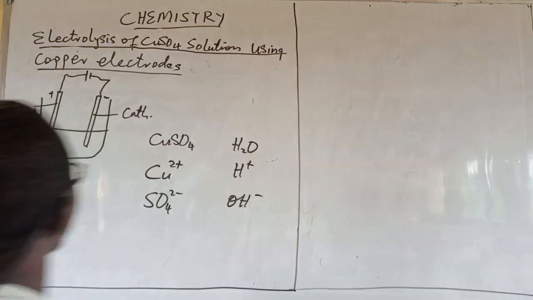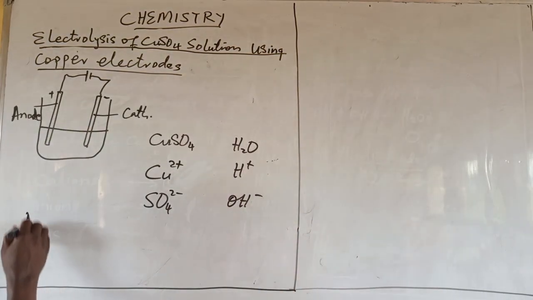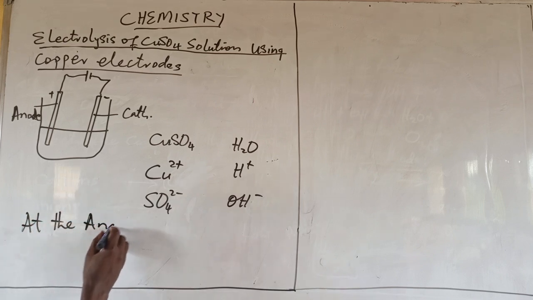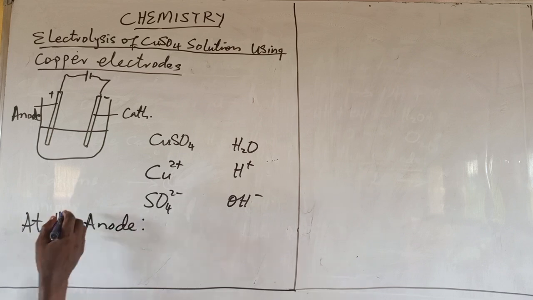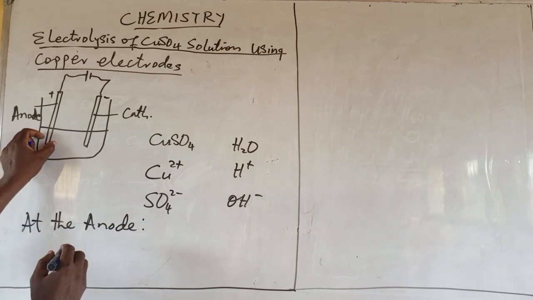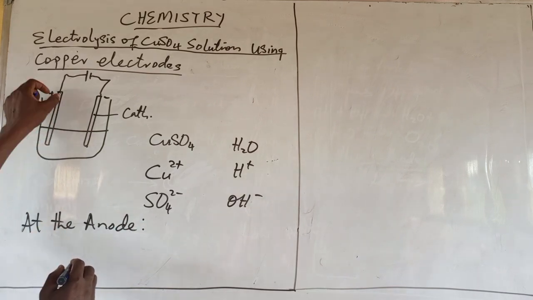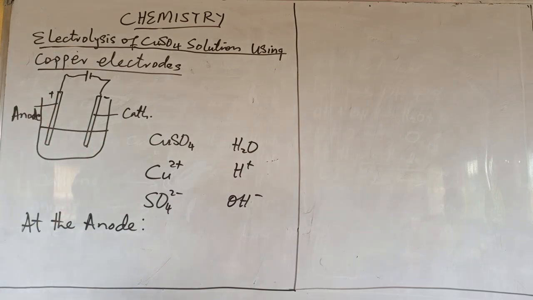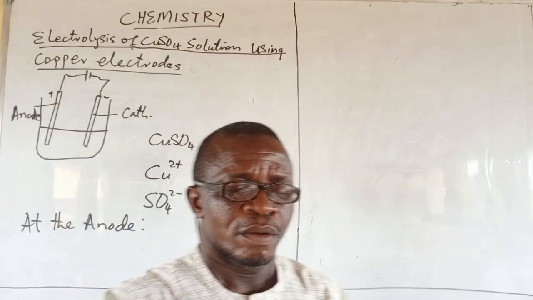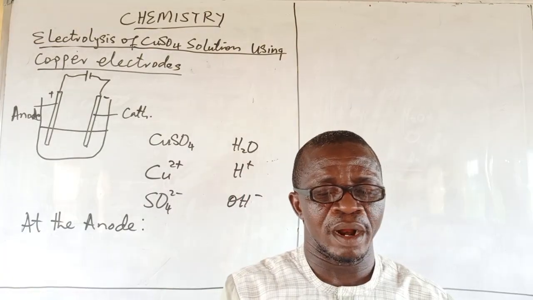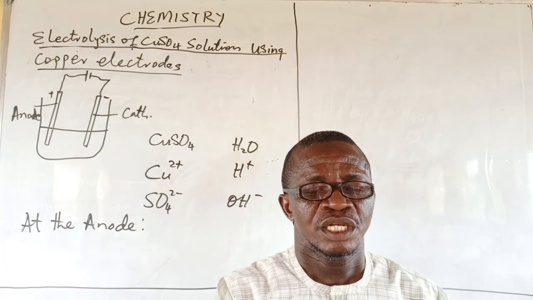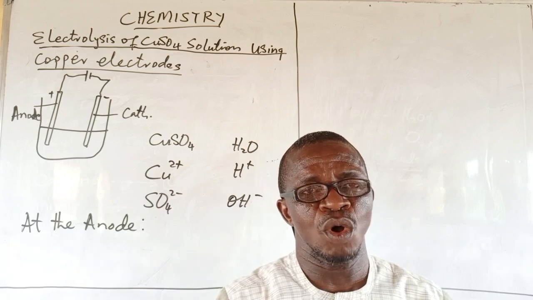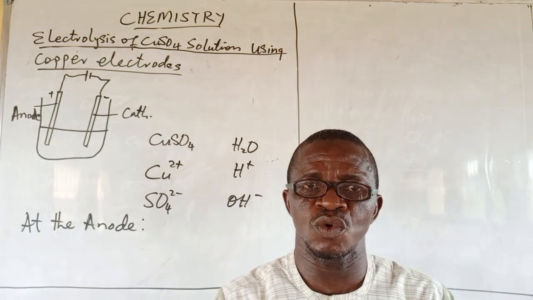Okay, so now at the anode, what will happen is that the atoms on this electrode, the anode is made up of atoms just like this marker. On the surface, each atom will start to give out electron, and once you give out electron, you have turned to ion.